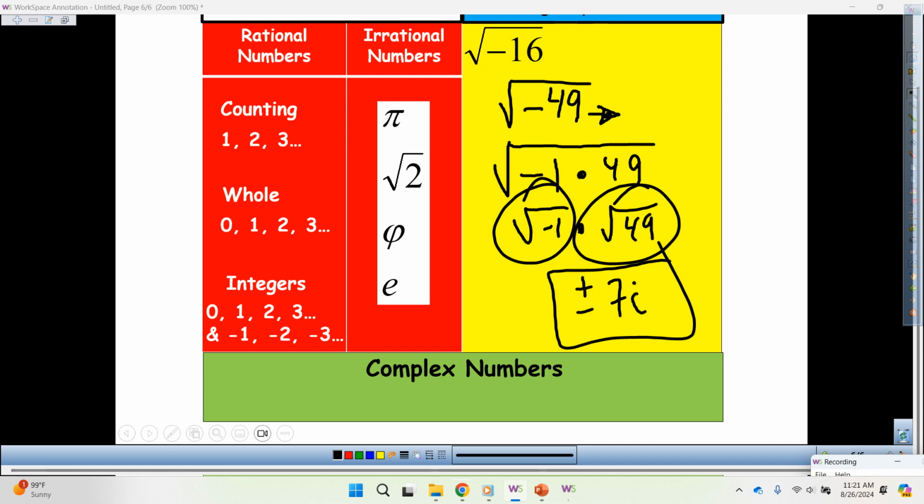Here goes a complex number from one of your colleagues on your screen. That is correct. Tell your neighbor why that one's correct. Why is that one a complex number?